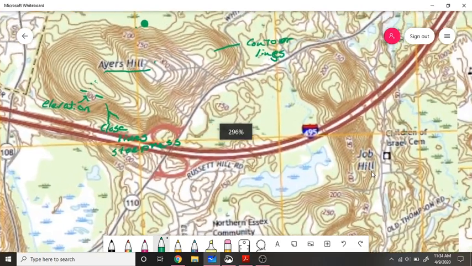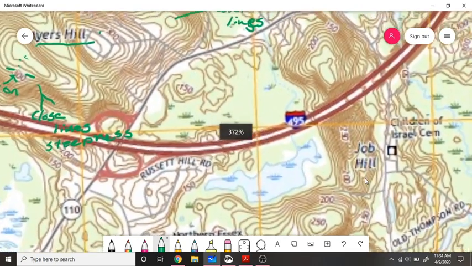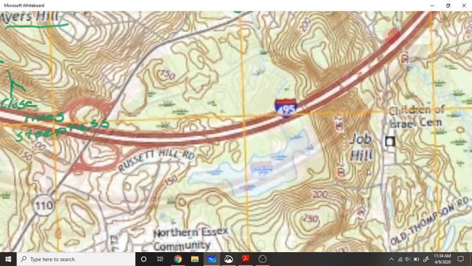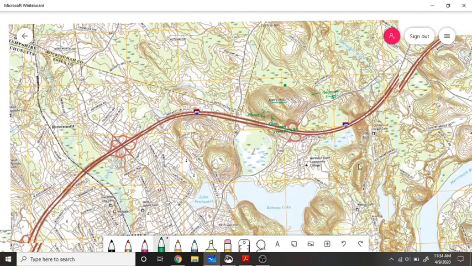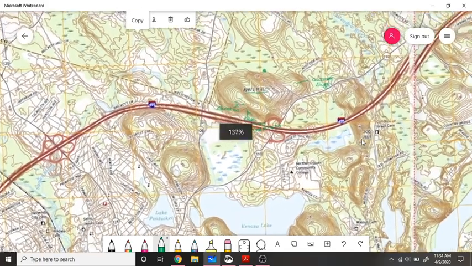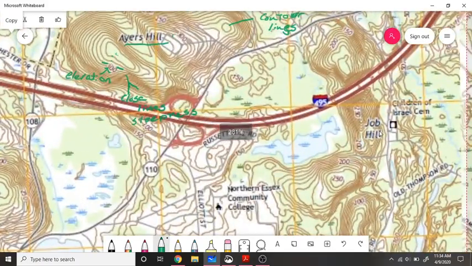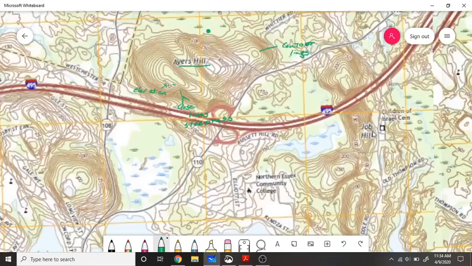Here is Job Hill. Some of you get your Christmas trees and maybe go blueberry picking in the summertime, but you get that here. This is where Turkey Hill Farm is located, right here on Job Hill.